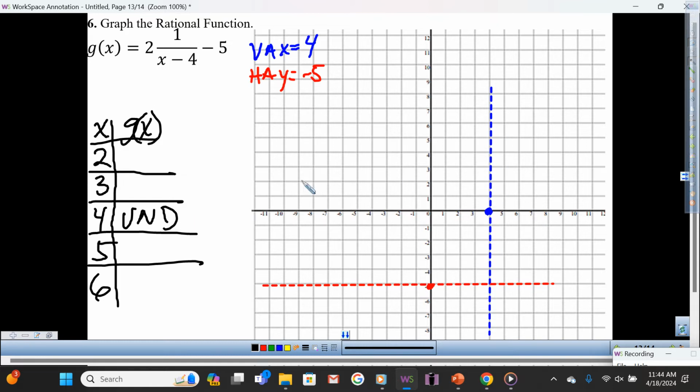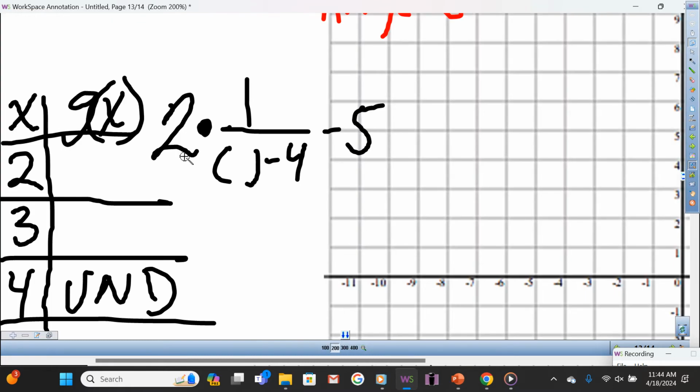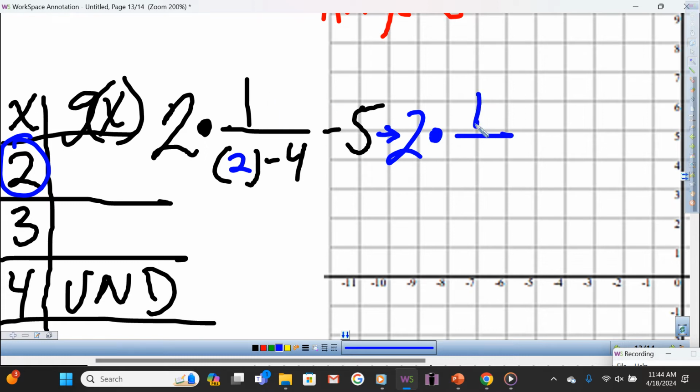There it is. All right, so I'm going to write 1 over parentheses -4 -5. However, look up. Don't forget the 2 that you're going to multiply that fraction by. So let me zoom in so you can see the work. Our first value, +2. So, here we go. 2 times, we have 1 in the numerator.